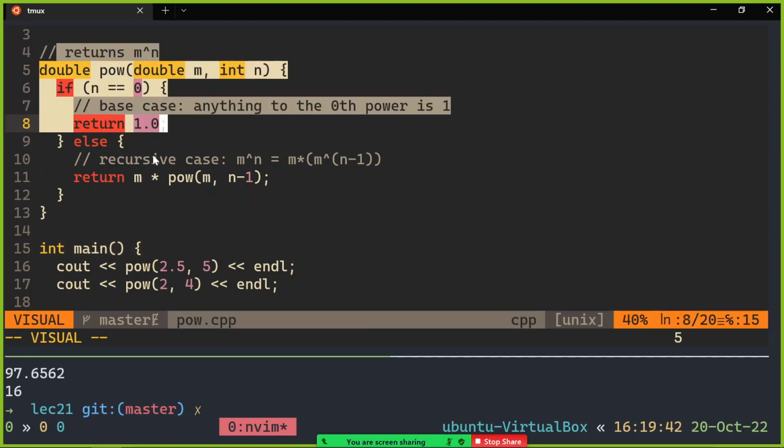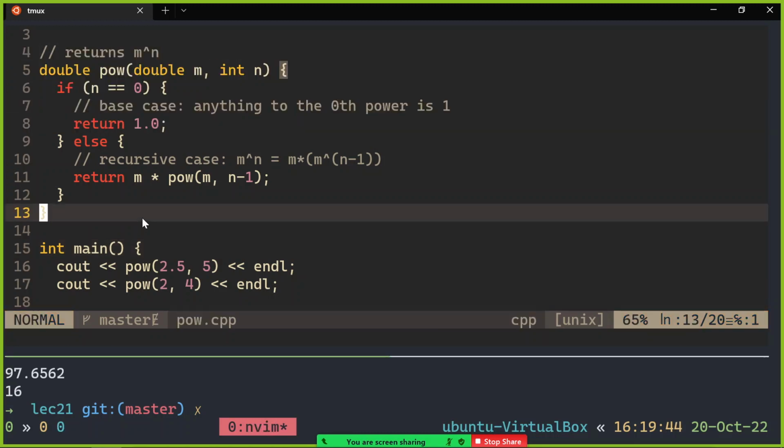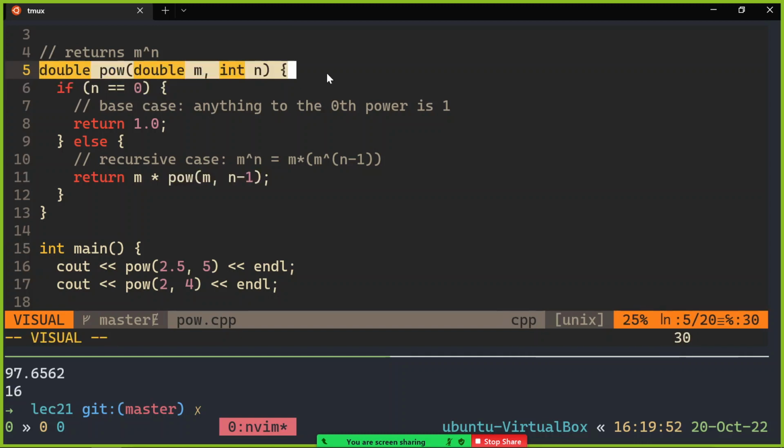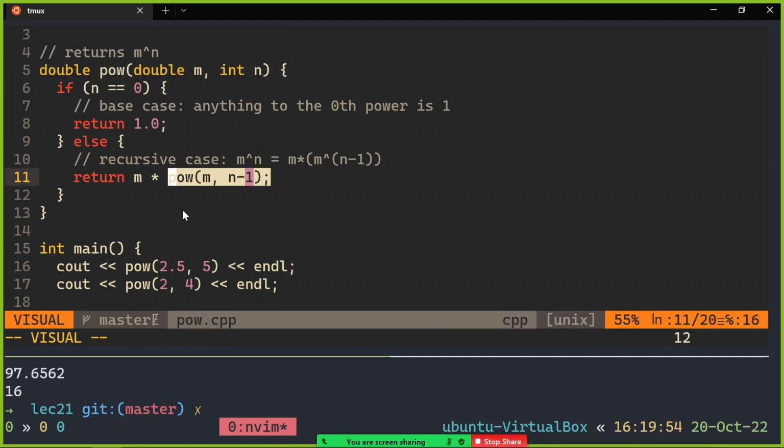No, we're making our own version of POW, and that's the one that's taking precedence. It's shadowing the other one. Yeah, we're calling ourself. We're calling the function that we are writing inside of itself with a smaller input.